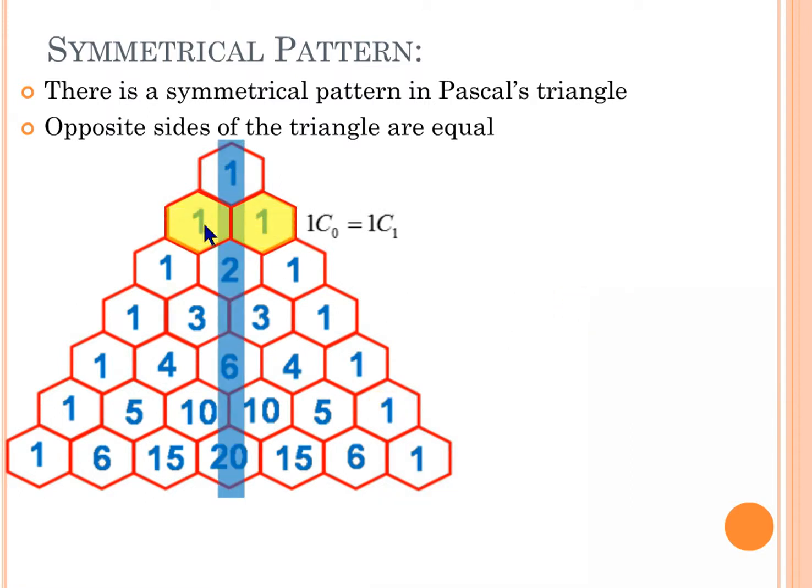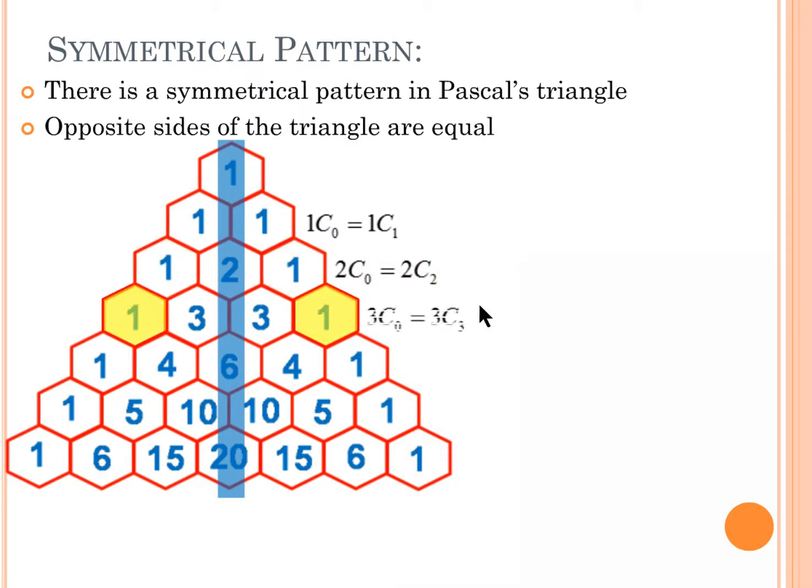So if this is 1 choose 0 and this represents 1 choose 1, then 1 choose 0 equals 1 choose 1, since both are equal to 1. Over here I have 2 choose 0, and over here this is going to be 2 choose 2, but since they're both equal to 1, these two expressions are equal.